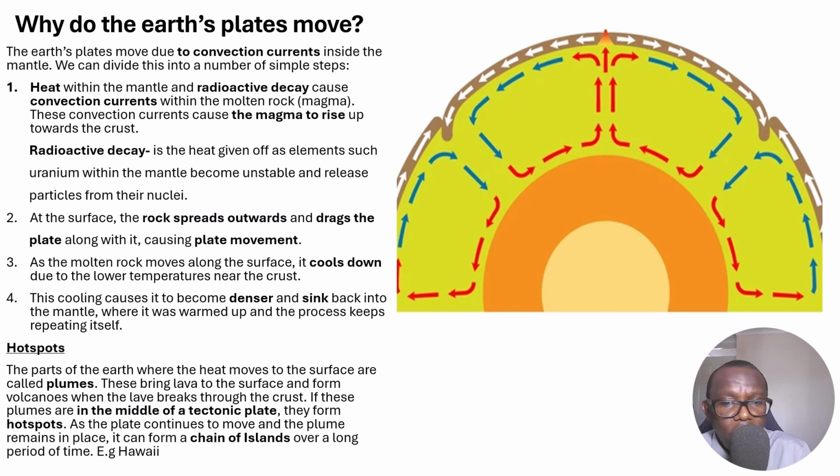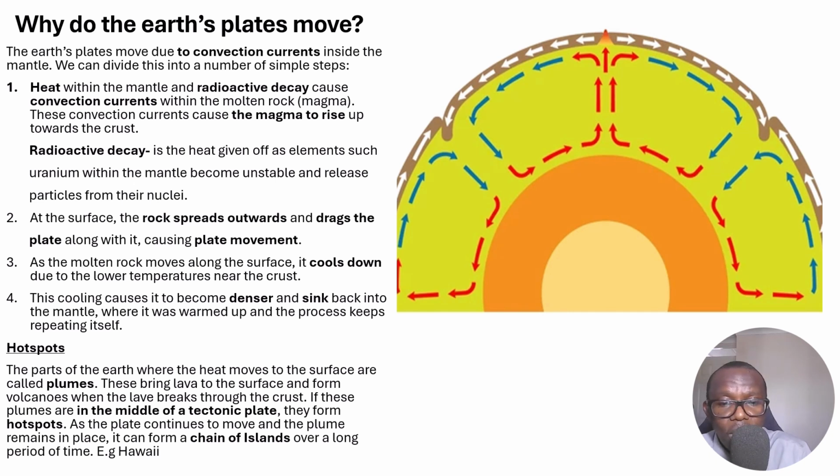And this area obviously has high temperatures, like we had said earlier, and that heat within the mantle and radioactive decay causes convection currents within that molten rock or the magma. And this heat, or the convection currents, cause the magma to rise up towards the crust.